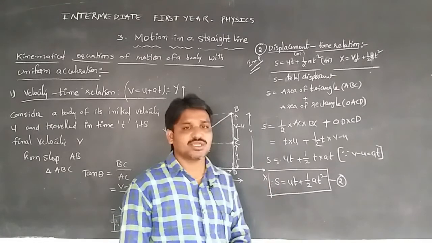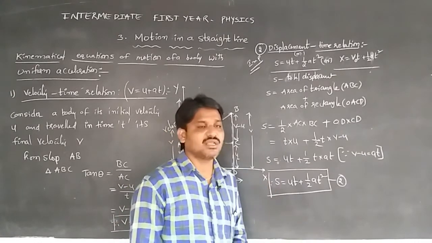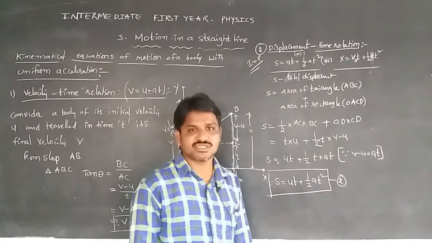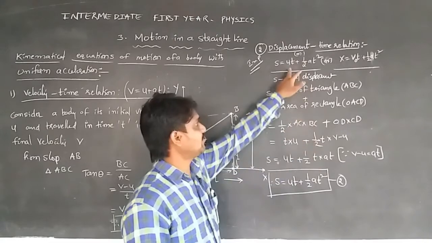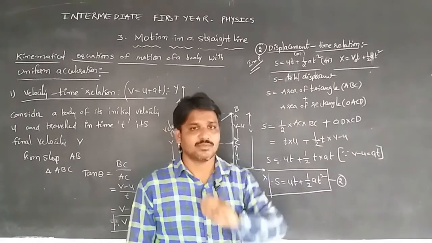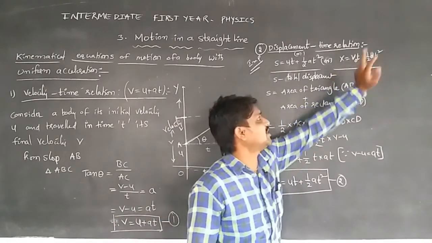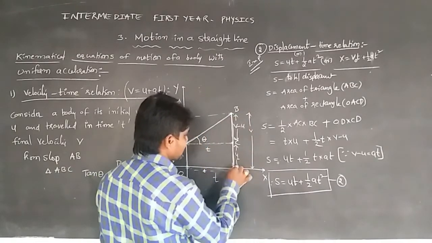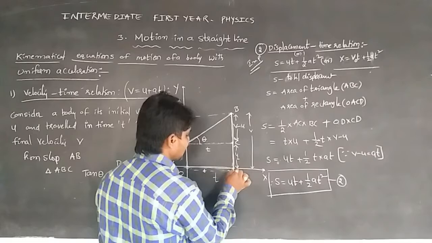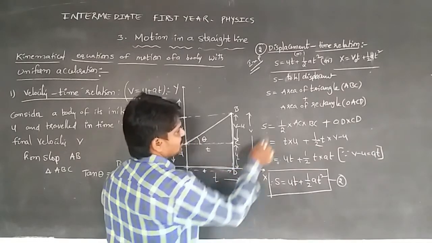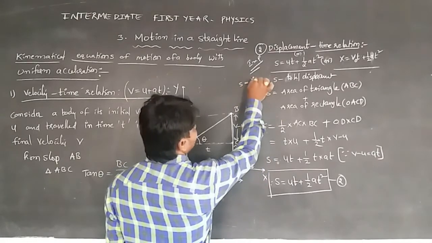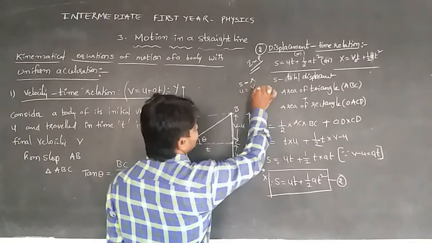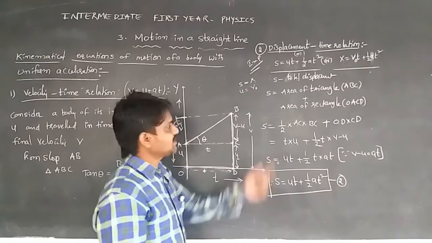According to the intermediate public examination, this is very important from this motion in a straight line lesson. Mostly we get problems like x is equal to v naught t plus half a t square. If the displacement is overall along the x-axis, we can write displacement s as x. Also the initial velocity u is the velocity at time 0, that is v naught.